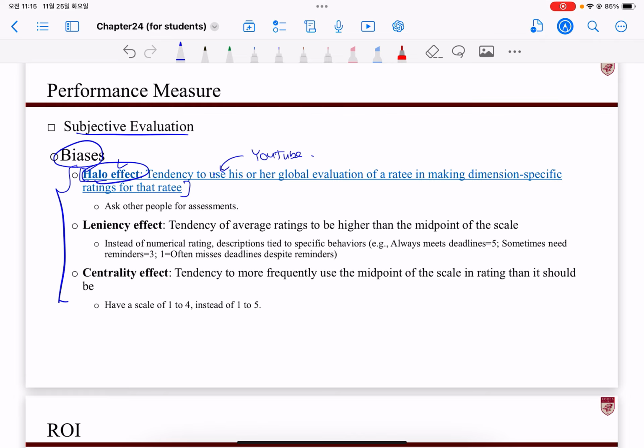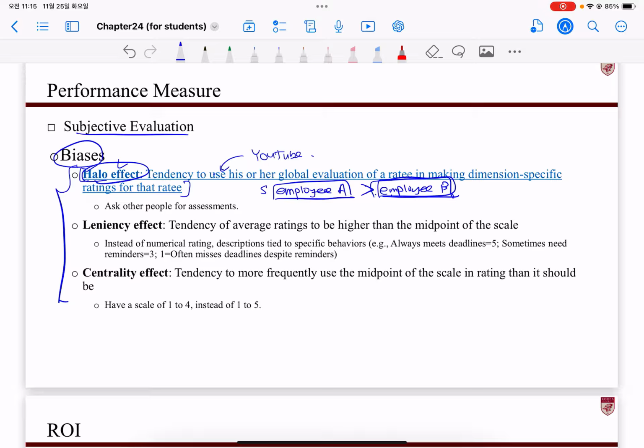So what the halo effect means is you may have a general assessment of a certain person. Let's say you just see employee A as a good person in terms of personality, okay? While employee B, let's say he's quite an introvert in terms of personality, so you don't see him quite as great.